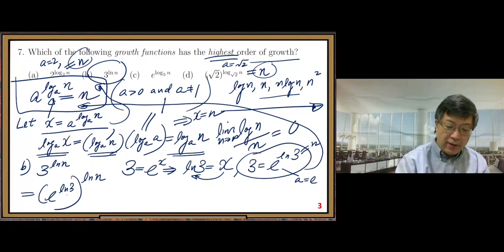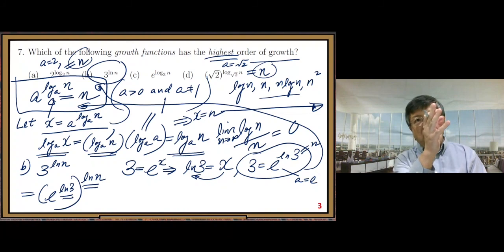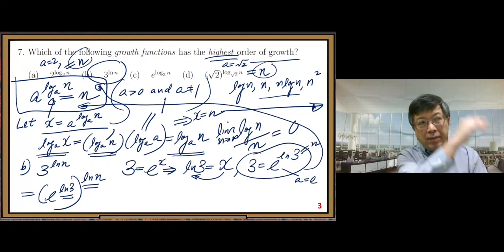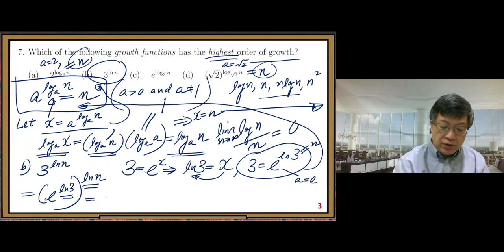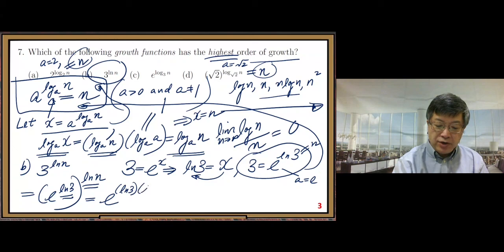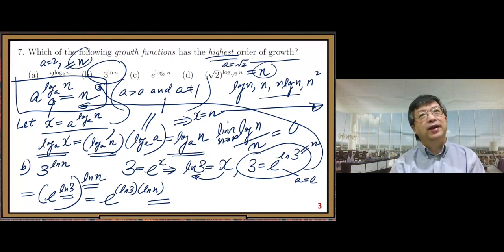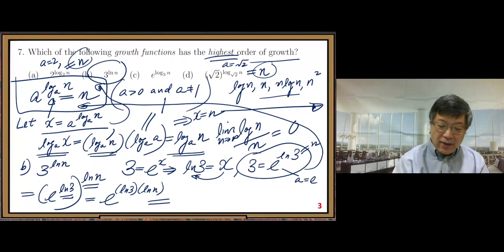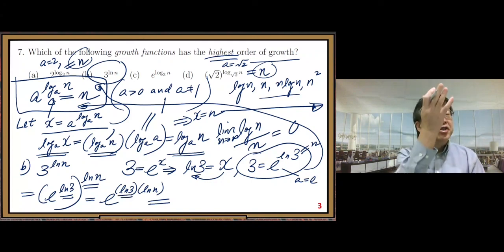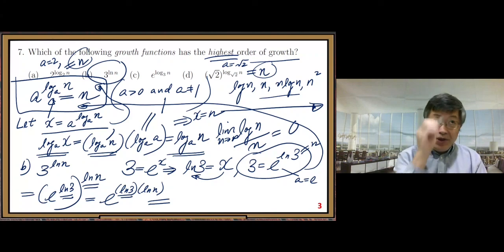Then the exponent part, based on the exponential function property, equals e to the product of those two numbers: natural log of 3 times natural log of n. Another time, natural log of 3 is a positive number, so we use another logarithm property.